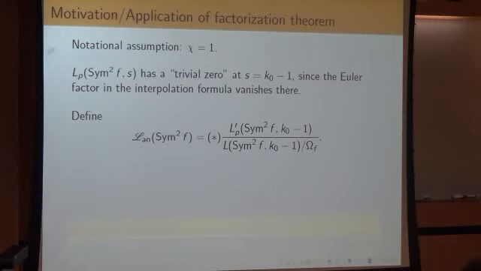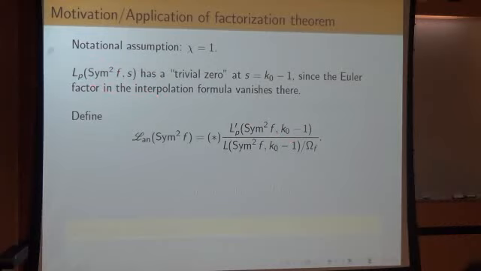So it turns out that this L_p of Sym squared f has a trivial zero at s equals k minus 1. So remember, this is exactly the type of thing I was discussing in my previous talk. And what a trivial zero is, is that the value of this L_p of Sym squared at 1 is an Euler factor times the classical value of L of Sym squared at 1 divided by a period. Now that Euler factor turns out to be 0. Okay, and that's a trivial zero.